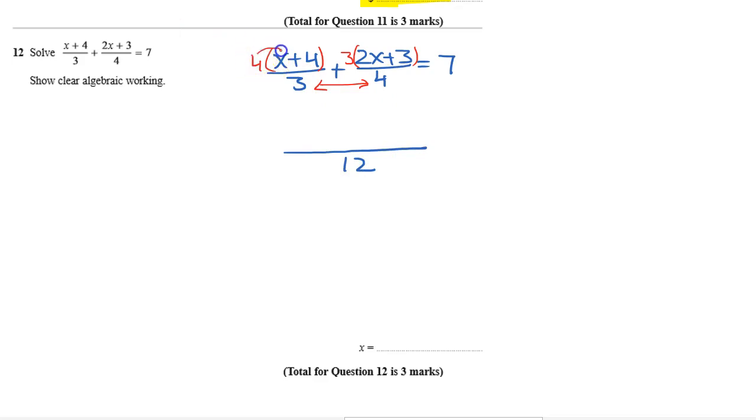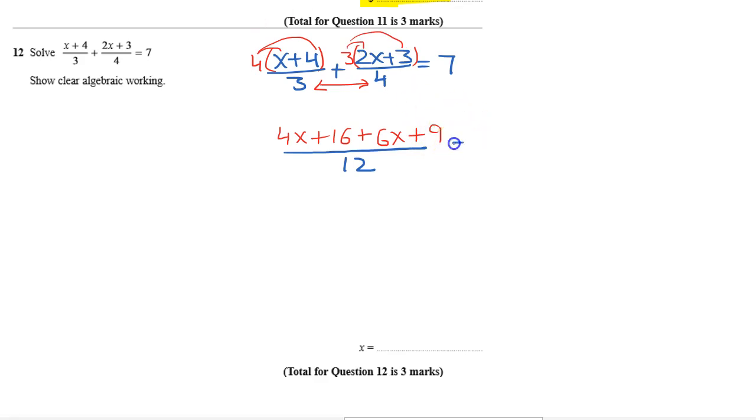Now we multiply 4 by x, that is 4x, and 4 by 4, that is 16, plus, if it is a minus, you start with a bracket, but the plus is not going to make any difference. So 3 times 2 is 6x, plus 3 times 3 is 9.